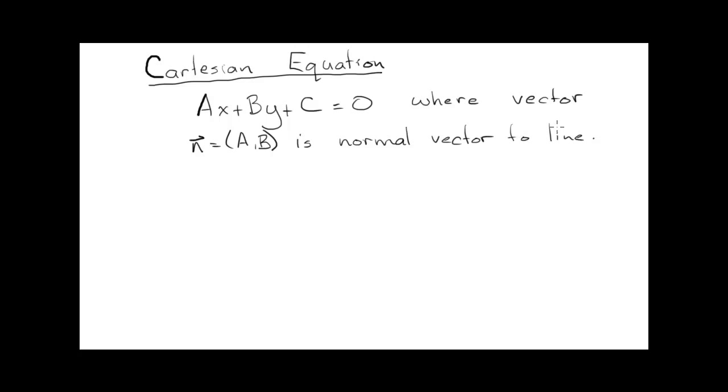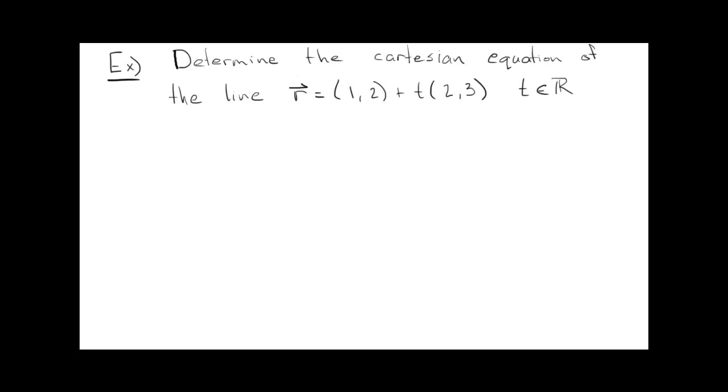Okay, so very nice. It gives us a very simple way to do this. So just look at a quick example and you'll see how fast we can find the Cartesian equation now.